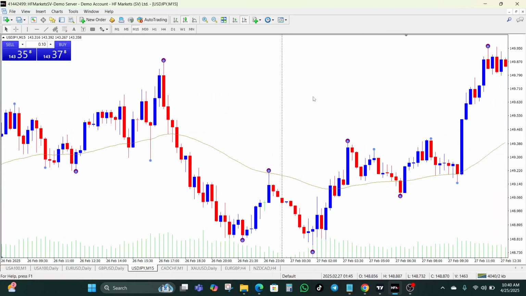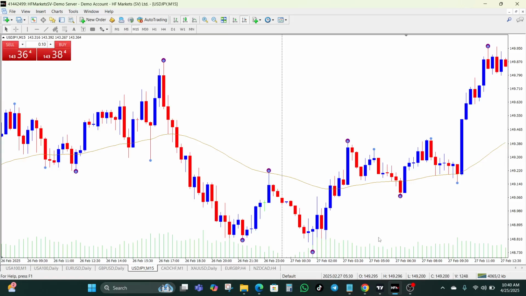It confirms whether the swing you are looking at is worth reacting to or just market noise. If the price forms a swing point and breaks away from the moving average with momentum, that's a strong potential entry, whether you are going long or short.